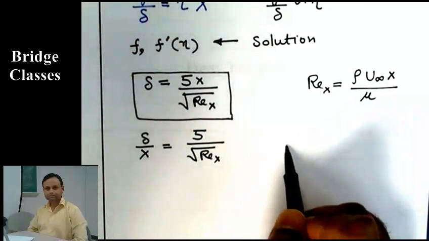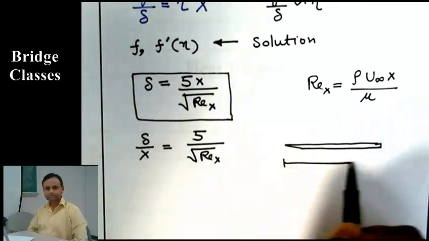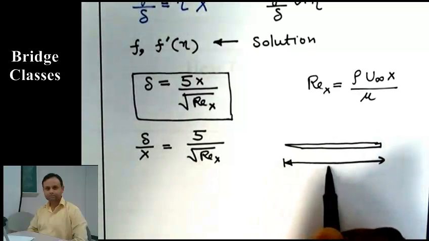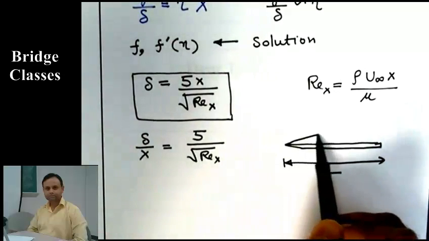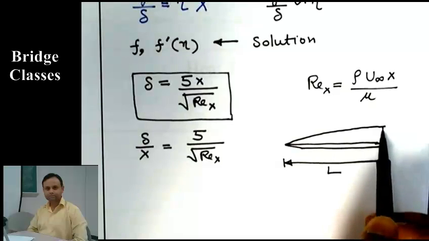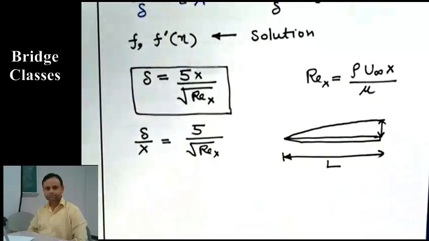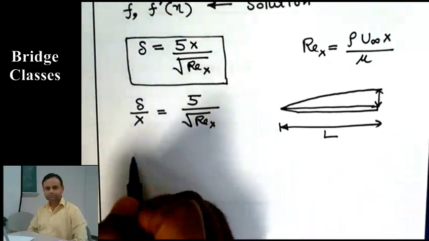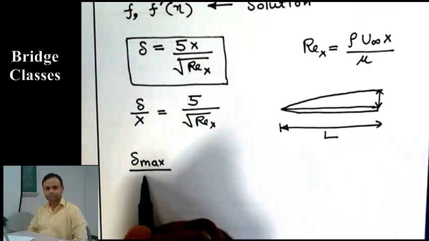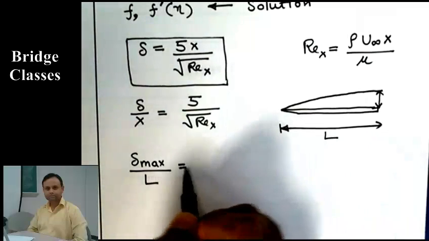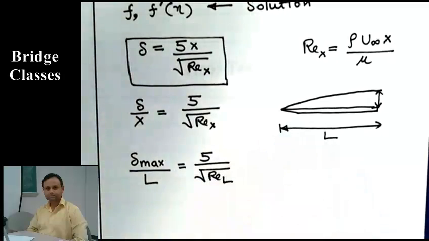Let us say the plate's length is L. The maximum boundary layer thickness is here because it grows, and say it was laminar throughout. This is maximum at x equals L. So delta max, the maximum boundary layer thickness which occurs at x equals L, over L equals 5 over the square root of Reynolds number L.